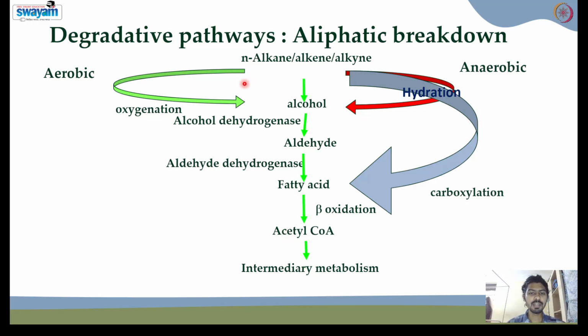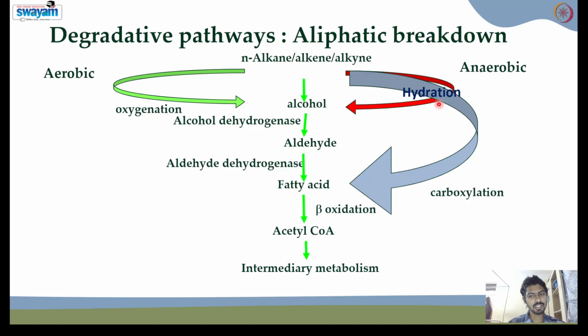So the only difference is the initial step, where if it undergoes oxygenation, it is an aerobic mode of degradation. If it undergoes a hydration step, it implies that it has undergone anaerobic mode of degradation.